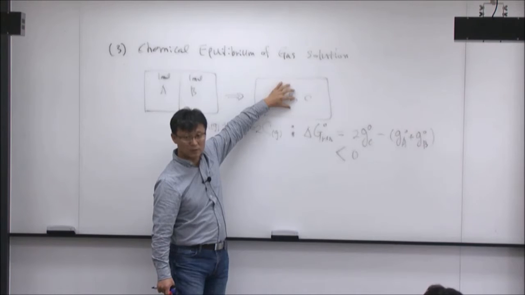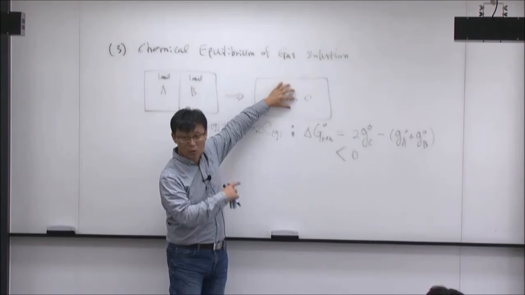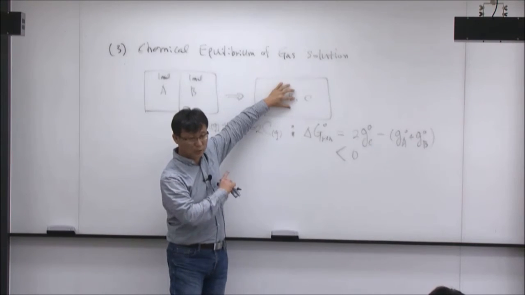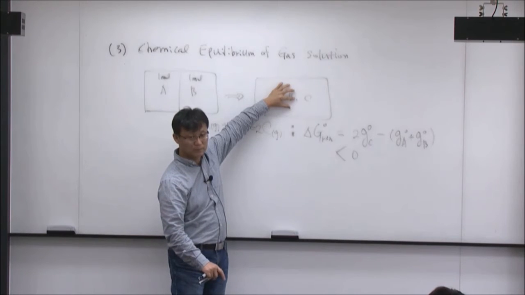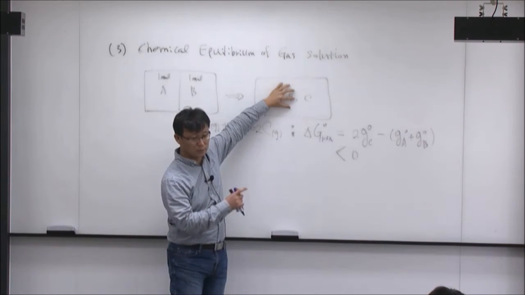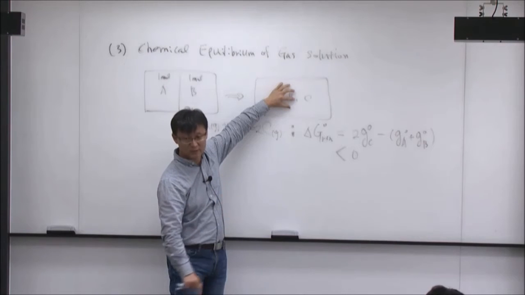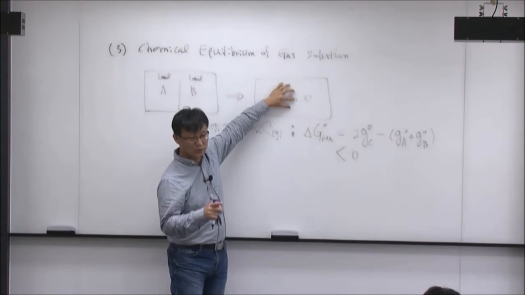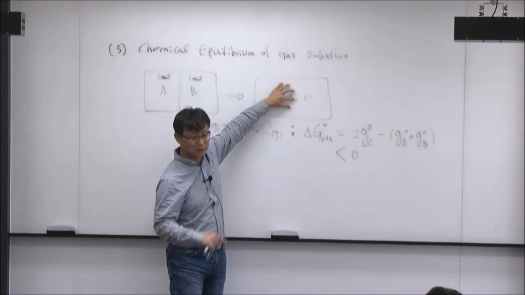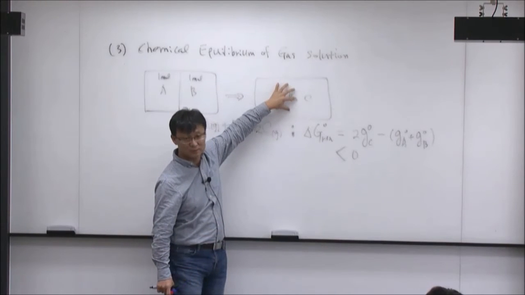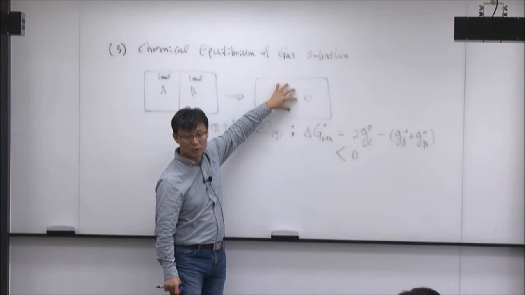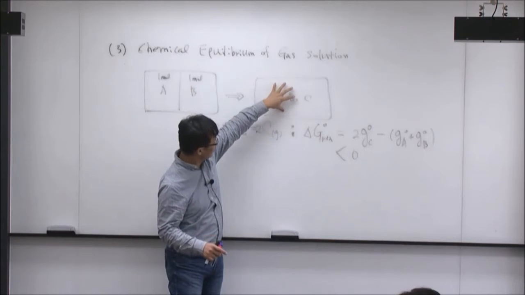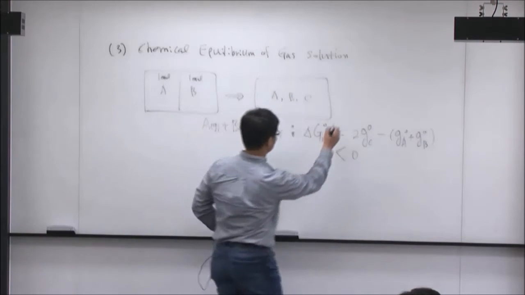Okay? If this is all solid phase without any solution, then the answer is yes, it will produce 2 moles of C in the end, because that will reduce the Gibbs energy as much as possible for the final state. Okay? So equilibrium state.